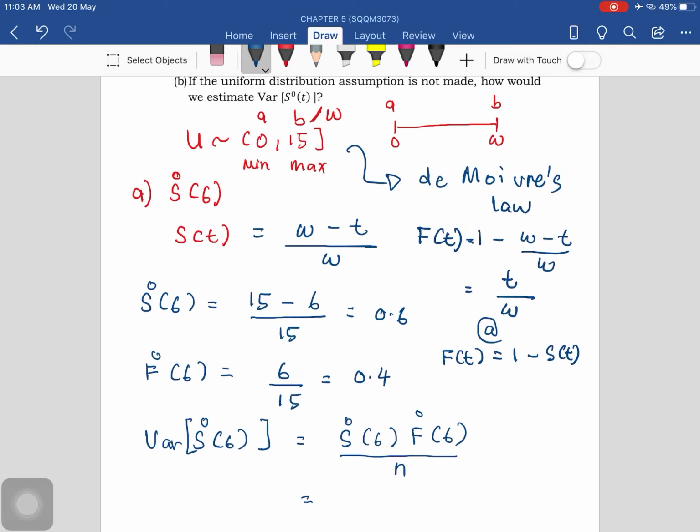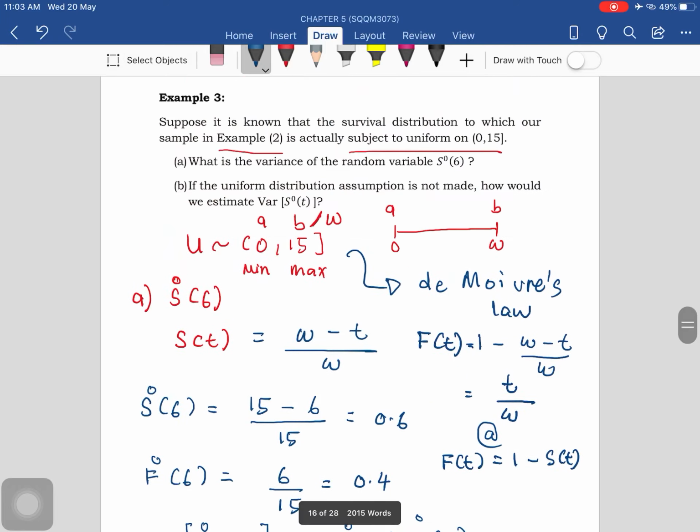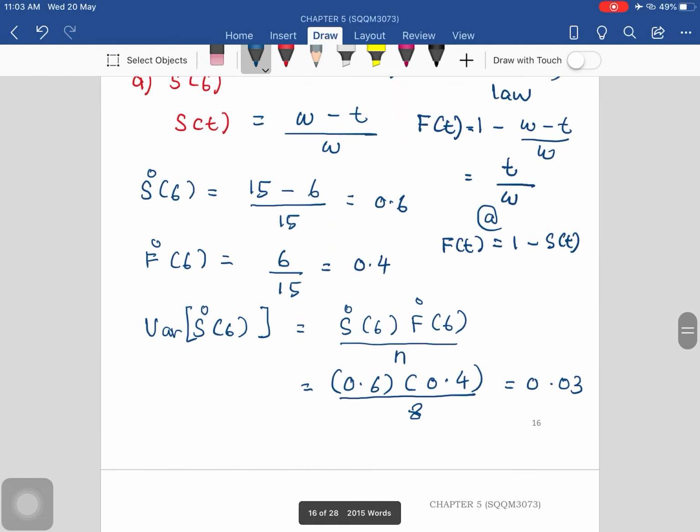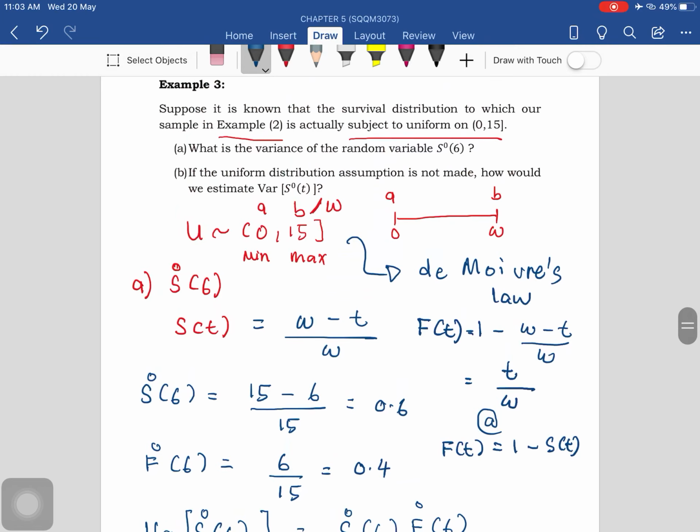So that is 0.6 times 0.4 over 8, since n is 8, equal to 0.03. So that is for A. And B: if the uniform distribution assumption is not made, how would we estimate the variance of S_hat(t)?